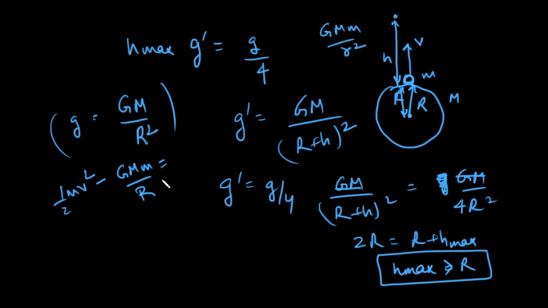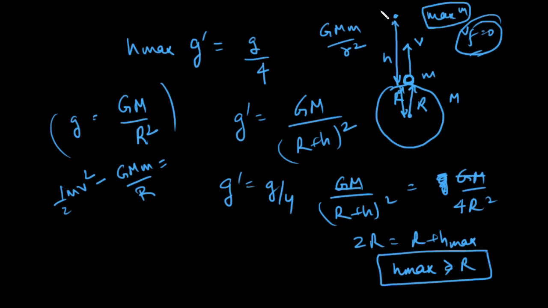Now it reaches a height h. What is the energy now? Since it is a maximum height, the final velocity should be 0. Since it is at its maximum, it cannot go beyond that. It has to come back. This means the final velocity at this point is 0.